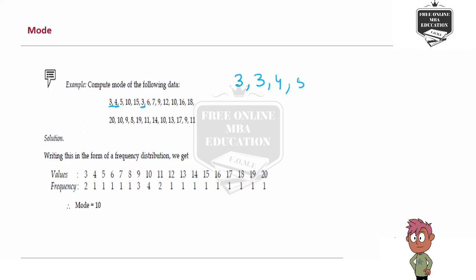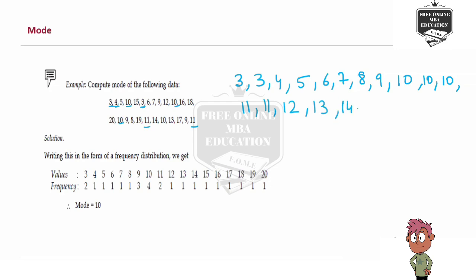No. Then 5, is 5 repeated? No. 6, 7, 8 are not repeated again. 9, 10 is repeated 3 times. Then I have 11 repeated 2 times. 12, 13, then 14, 15, 16, 17, 18, 19, and lastly 20. All are repeated 1 time.